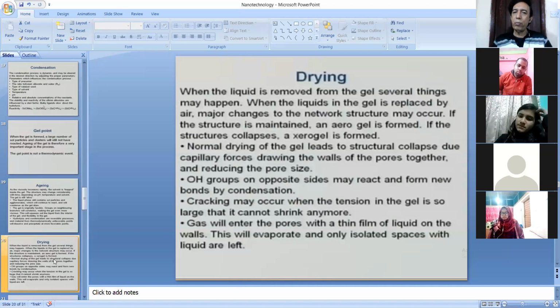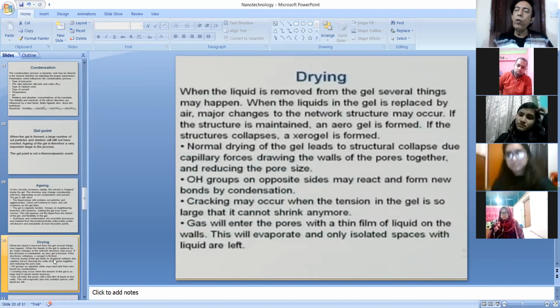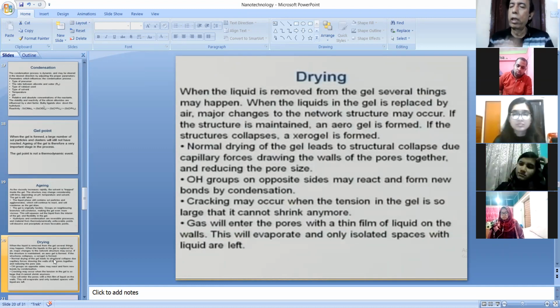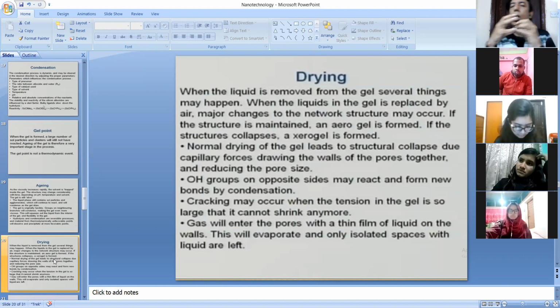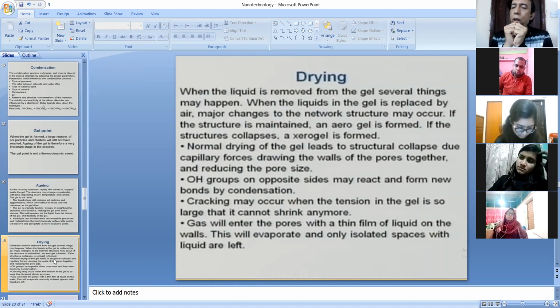So if you normally dry the gel, means if you calcine the gel, then what will happen? This three-dimensional structure will collapse. Air cannot replace this space. The three-dimensional structure will collapse.